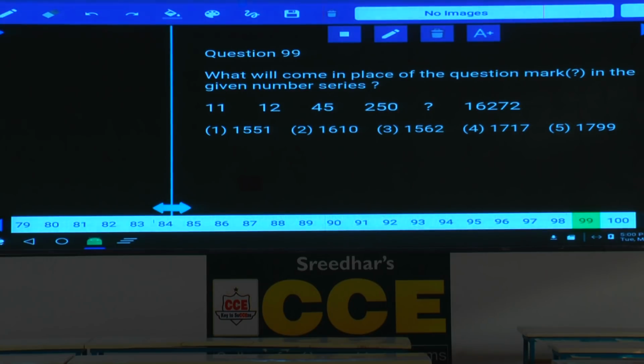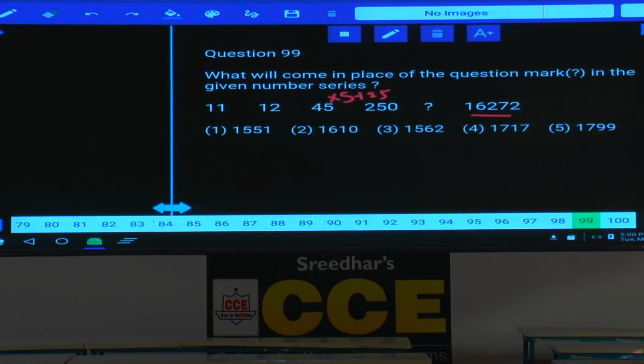Then 99. Now in this question number 99: 11, 12, 45, 250 and so on, and again 16,272. As the numbers are increasing at a very fast rate, it must be combination or product. Product is not possible, hence combination. In the case of combination, 45 into 5 is how much? 225 plus 25.